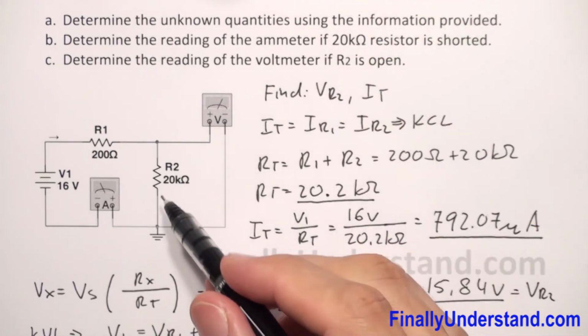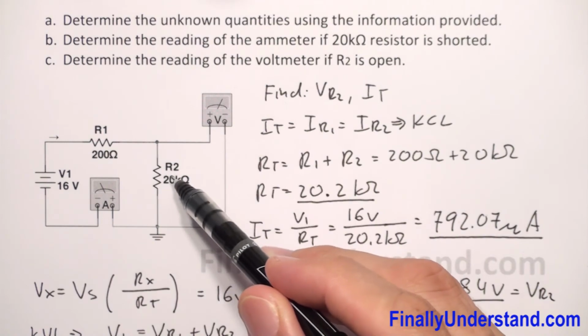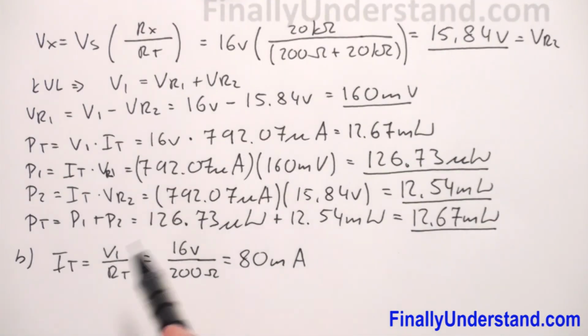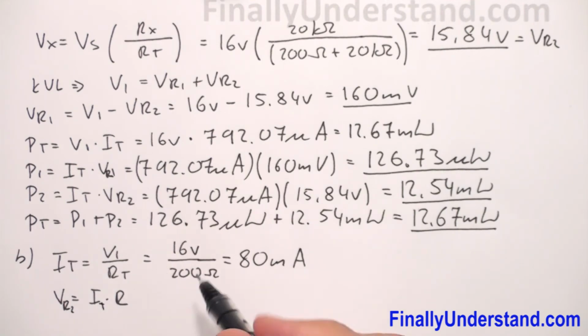Someone is going to ask, if this resistor is shorted, how many volts am I going to measure across this resistor? You're supposed to realize that voltage is equal to current times resistance. In this case I have to find VR2. So I have to multiply the total current, because this is a series circuit, times resistance R2.